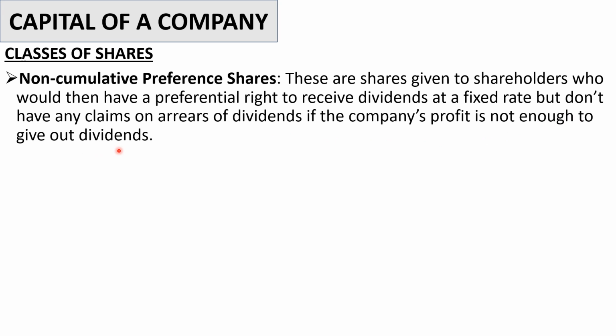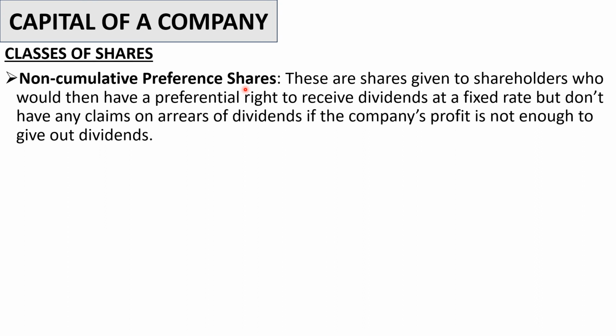When the company has made profit and there's enough money to pay out dividends, both the non-cumulative preference shares and the cumulative preference shares are going to be given the dividends. But when the company is not doing well and there's not enough money to pay out dividends, the non-cumulative preference shares are not going to receive dividends.